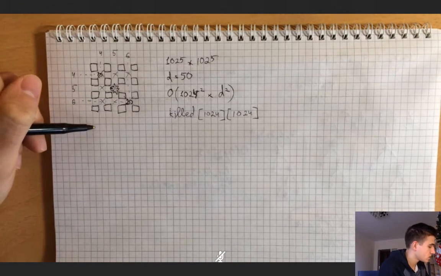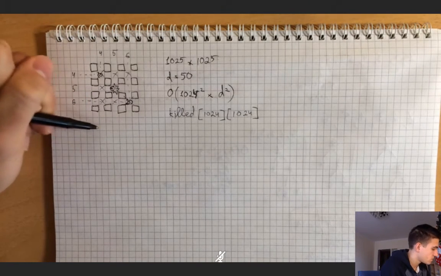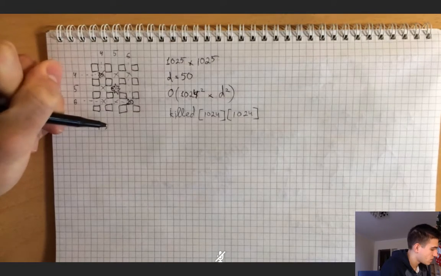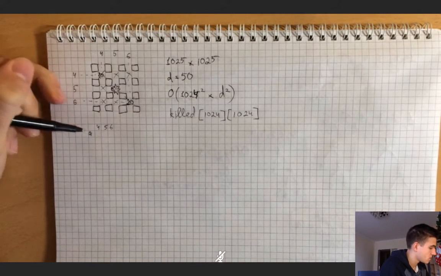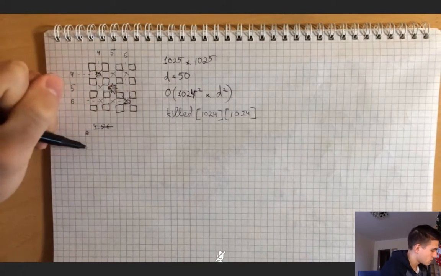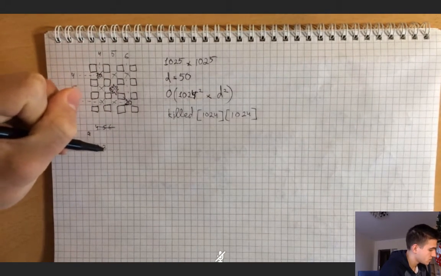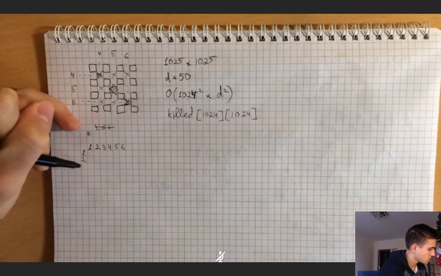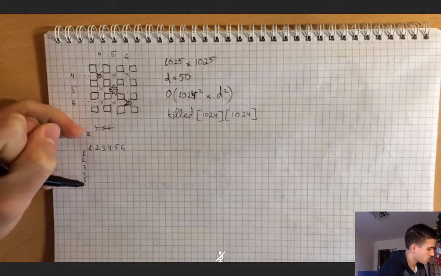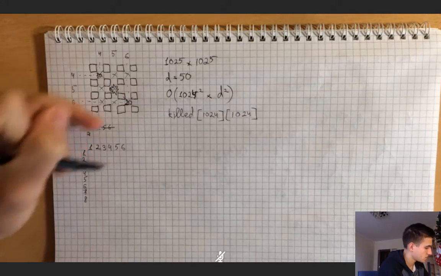I'm thinking how I can compress this to have lower fields. No, I want a bigger grid. 3, 4, 5, 6, 1, 2, 3, 4, 5, 6, 7, 8.